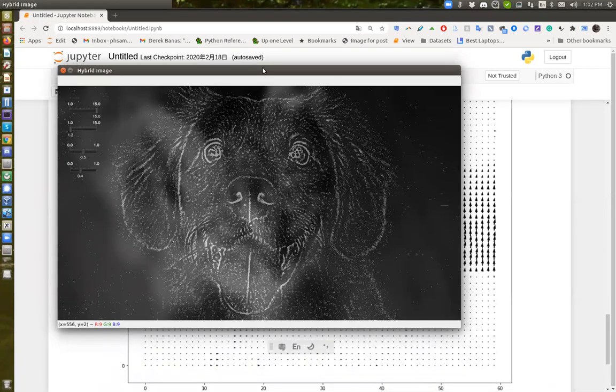So it's not perfect. I'm not sure you can see the low pass image. Maybe you can try to move away from the screen. Can you guys see what's the low pass there? I'm asking as a question, to see if anyone is around.